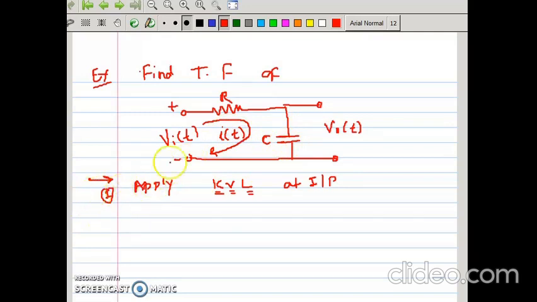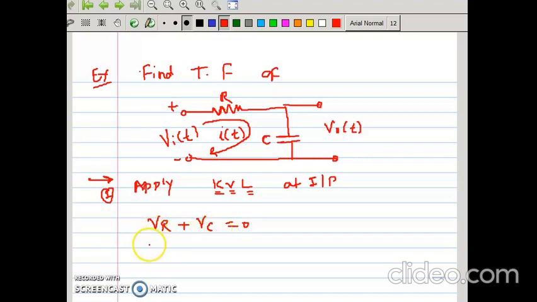When we apply Kirchhoff's voltage law, that means we are taking the voltage across each component. Initially which component do we get? We get the resistor first, right? So the voltage drop across the resistor is VR, then there is a capacitor, plus VC is equal to 0, right?